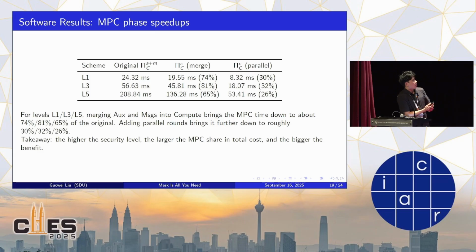For the original, we tested only the MPC phases in this table. The original MPC phases, and we optimized by the merge and by the parallelization. So this is the difference between the second line and the third line.